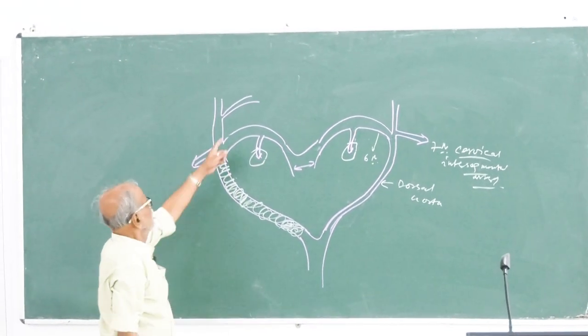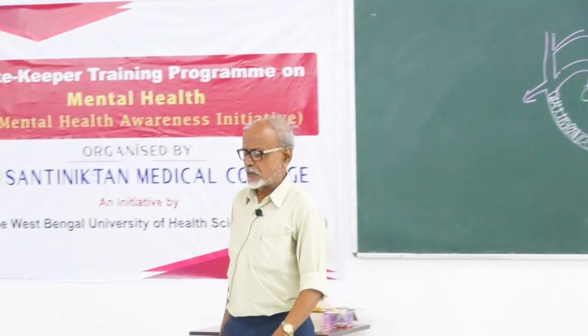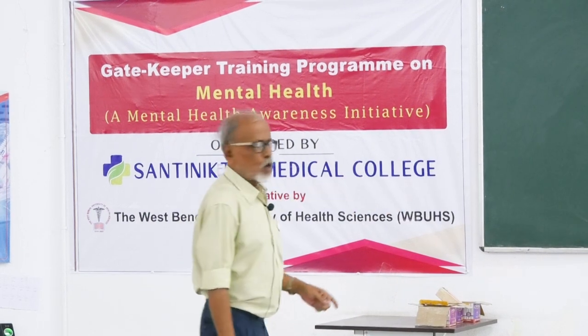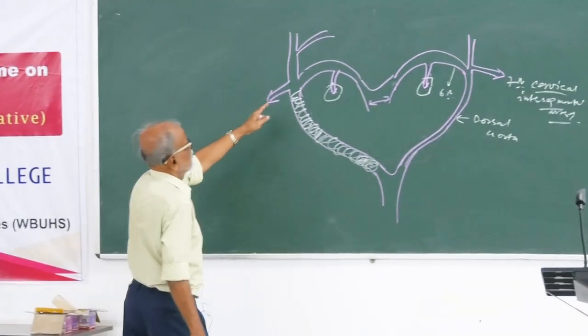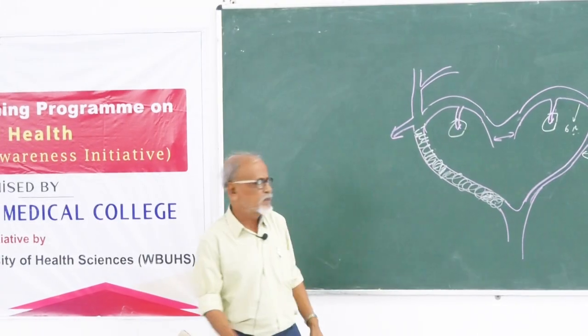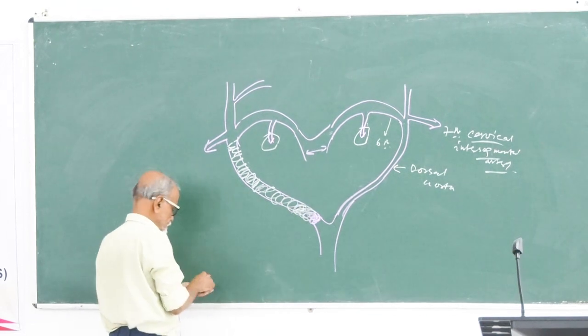This is the fourth arch artery of the right side. Since the right dorsal aorta obliterates from this point, the right dorsal aorta is obliterated.